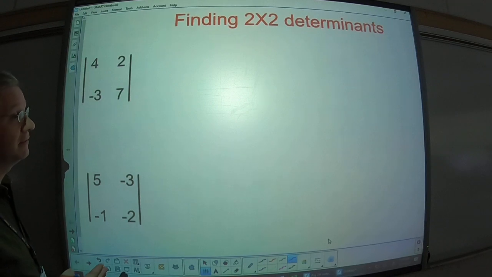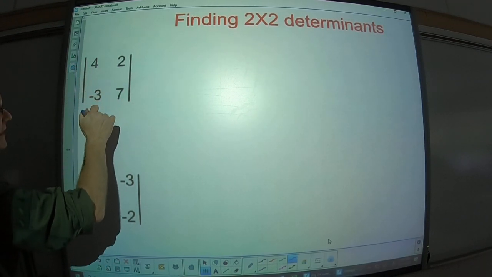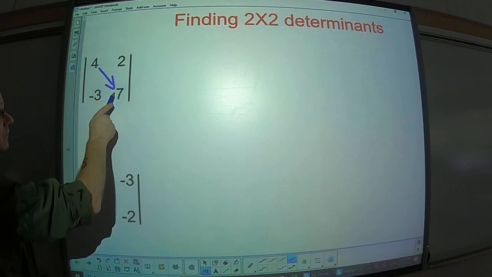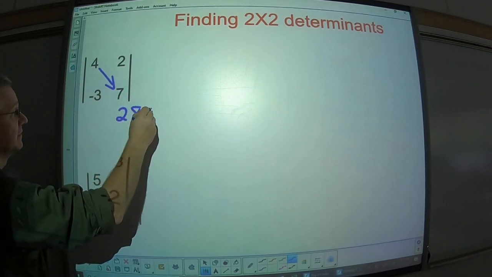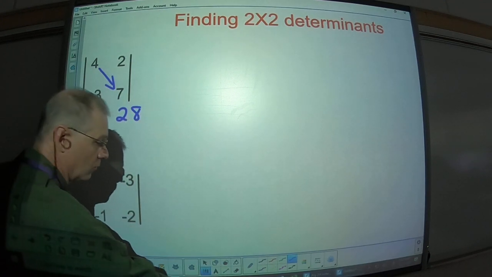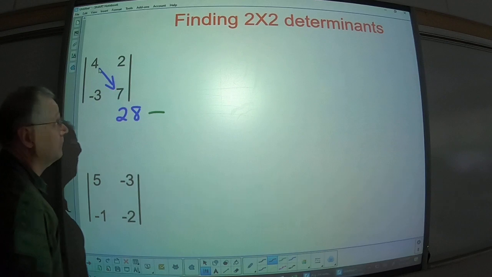Actually, it's really easy. Always start from the upper left and go diagonally down to the right. You are multiplying, like 4 times 7, that would be 28. And then you are subtracting, always subtract between them.